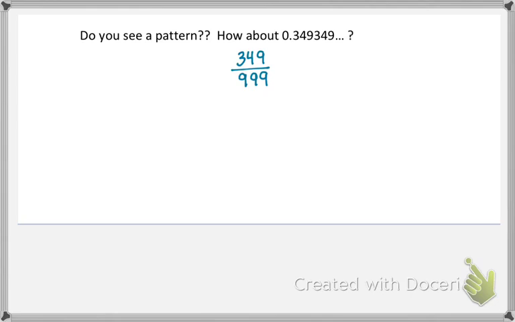And so whenever you're rewriting a repeating decimal as a fraction, it's always just going to be the repeating digits over a 9 for every digit.